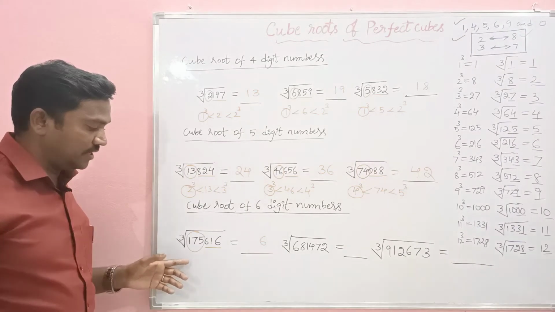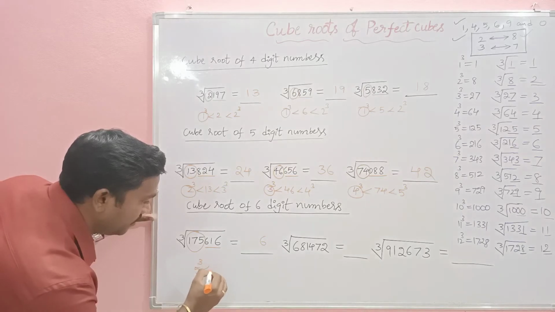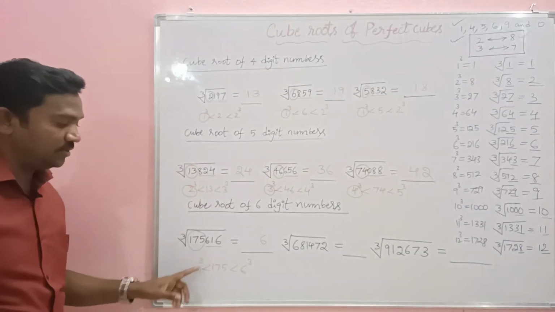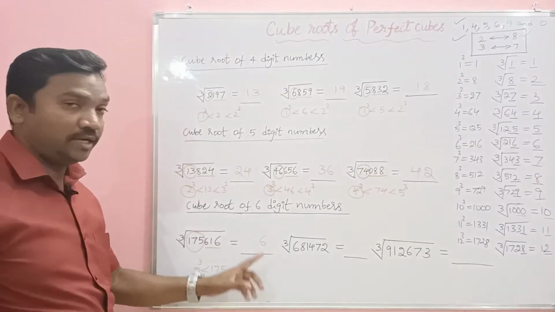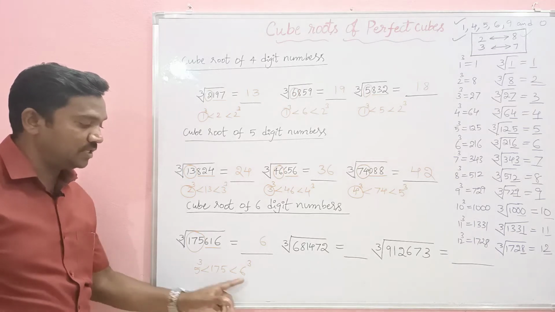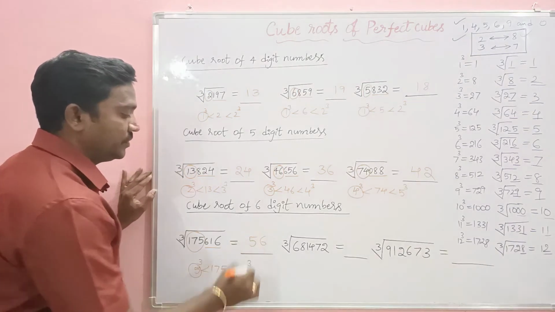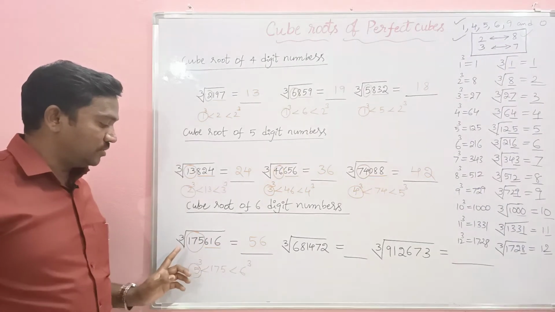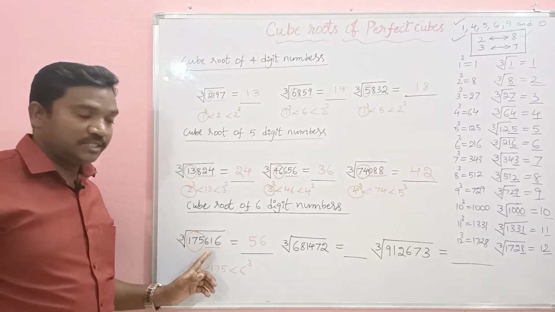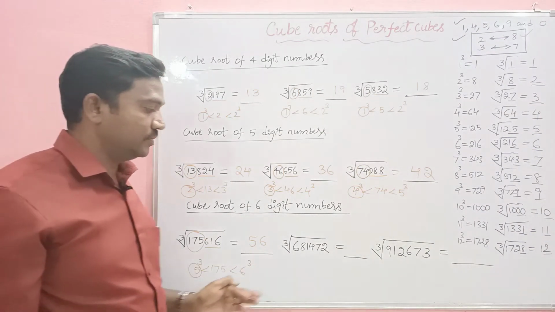And where does it lie? 175 lies between 5 cube and 6 cube. 5 cube is nothing but 125, 6 cube is nothing but 216. So 175 lies between 5 cube and 6 cube. So here we have to take the smallest number in tens place. So cube root of 175,616 is equal to 56.